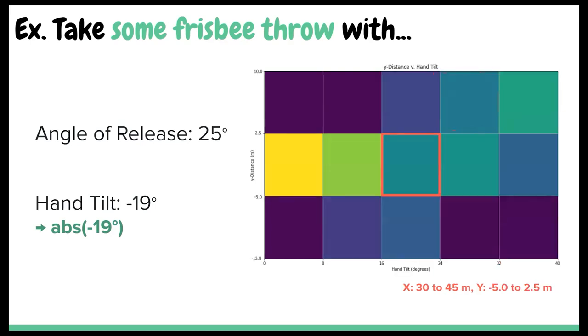And then their hand tilt is -19 degrees, which we took the absolute value of to get just 19 degrees, which would fall into this increment. So with that increment, the Frisbee would be predicted to land with a y distance between 2.5 and -5 meters, which would be right here.